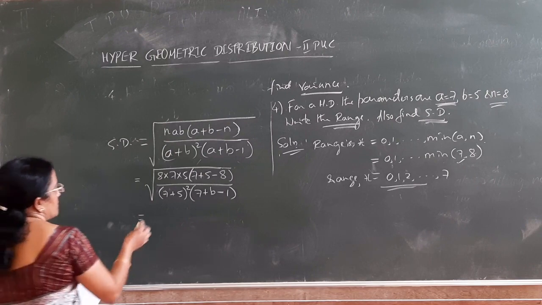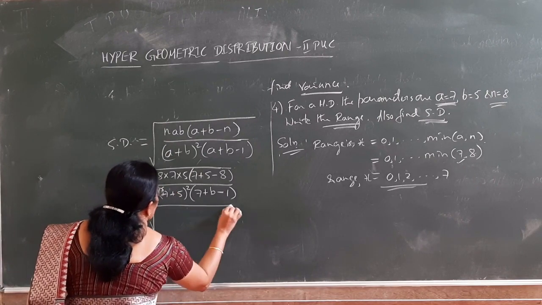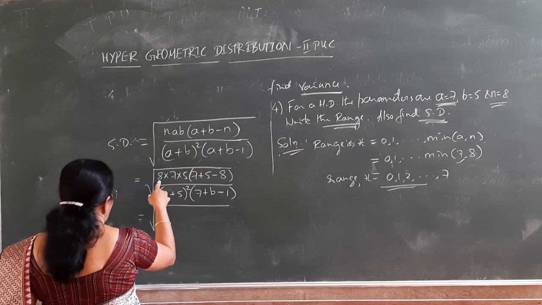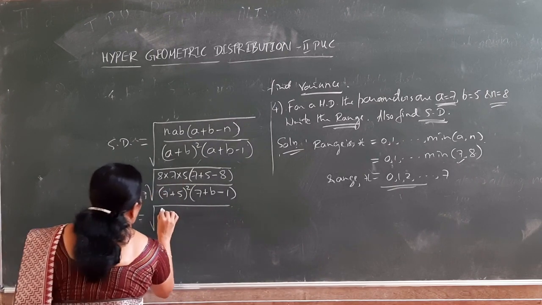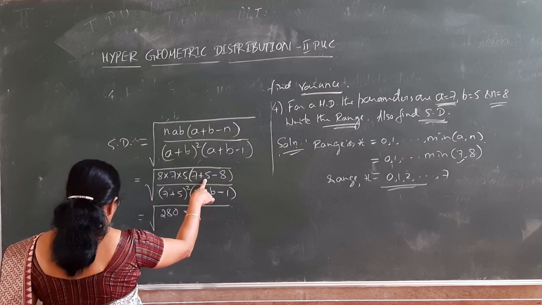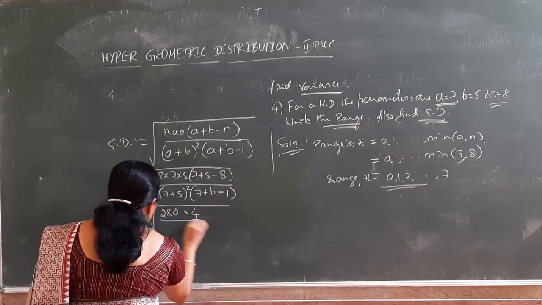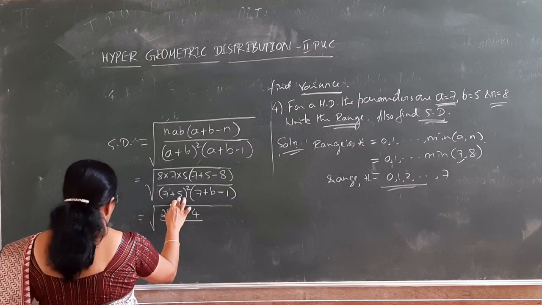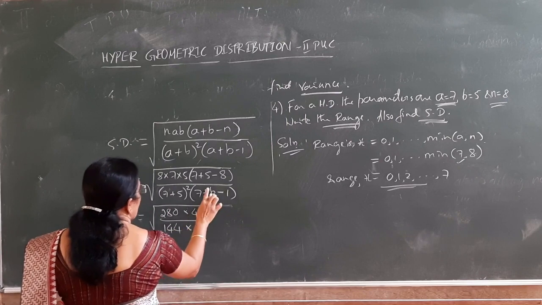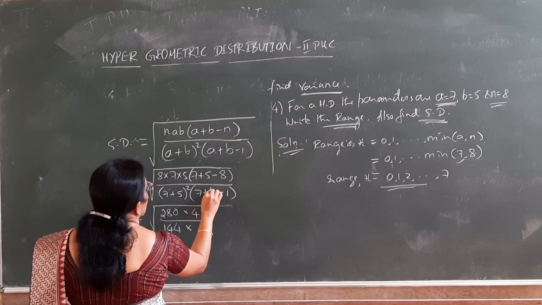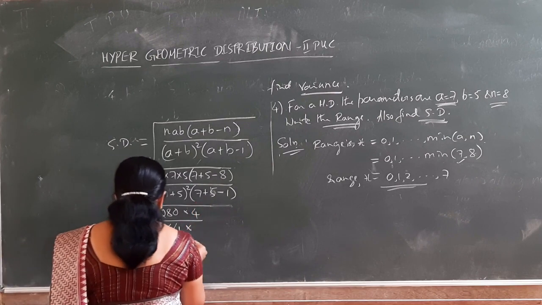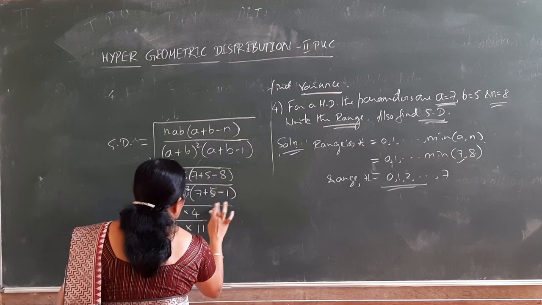Next calculations. First one, here square root of 8 into 7 into 5, 35 into 8, that is 280, into 7 plus 5, 12 minus 8, that is 4, divided by 7 plus 5, 12 square, that is 144, into 7 plus 5, 12 minus 1, that is 11.